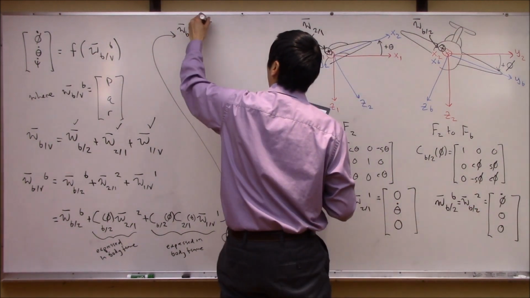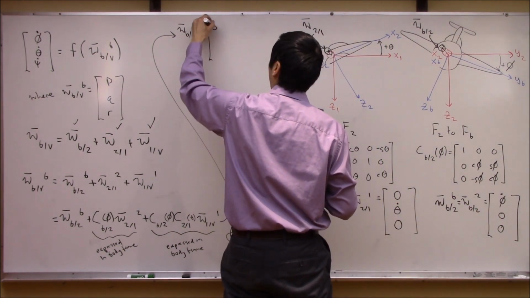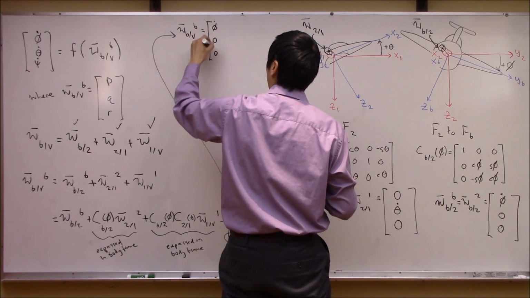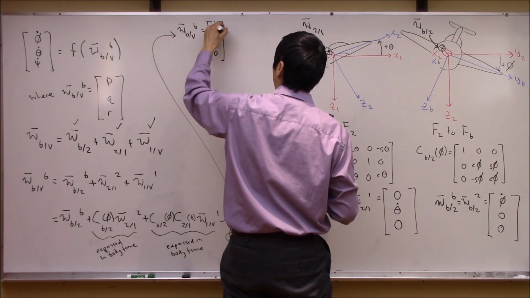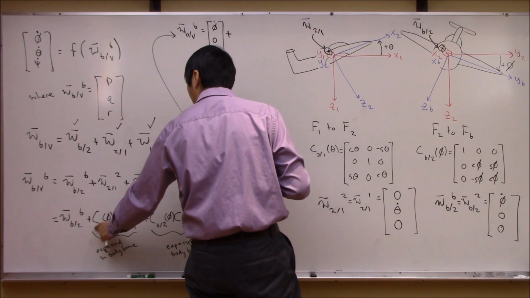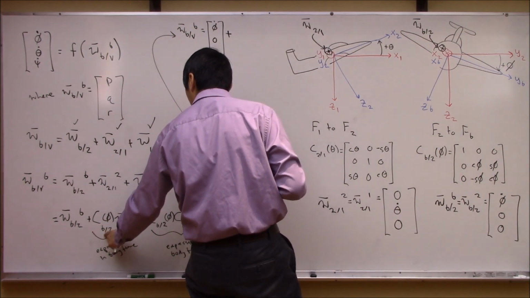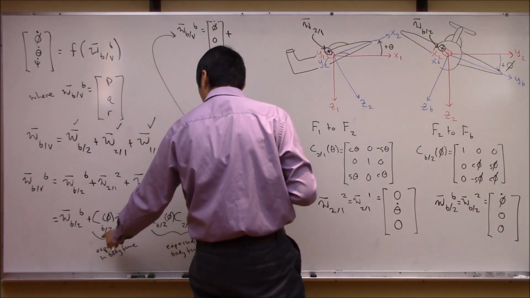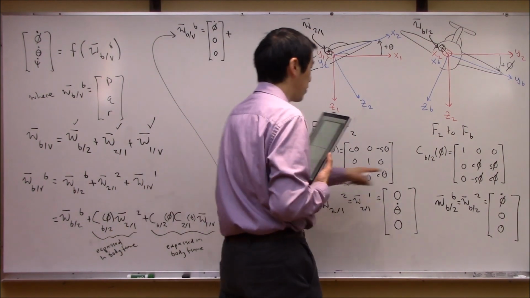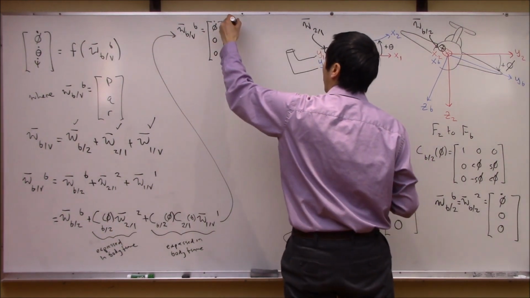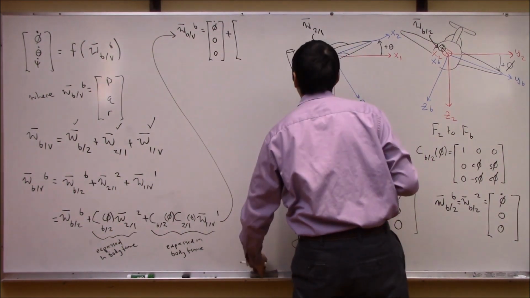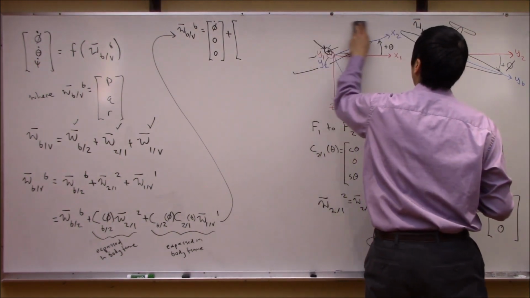So this one is phi dot, 0, 0. Plus this one right here, it's term number 2. I need this rotation matrix CB2, which is this one right here. Let me write out a few of these terms so we are all on the same page.